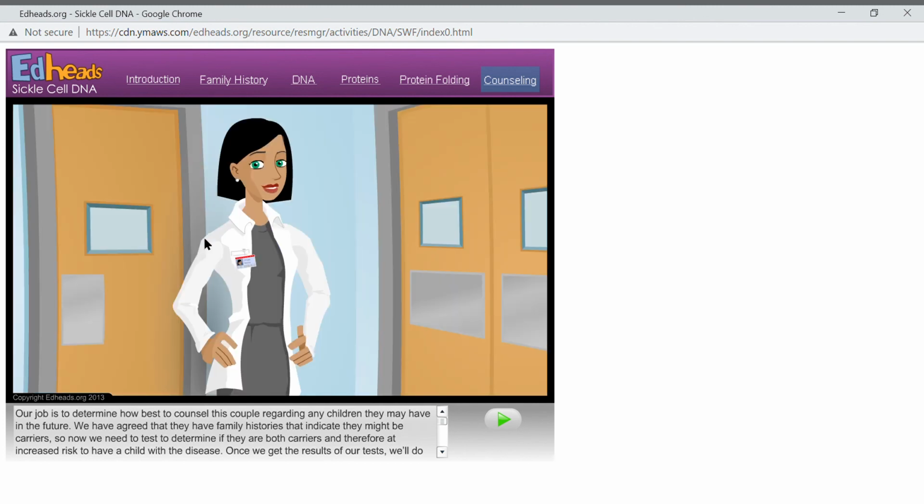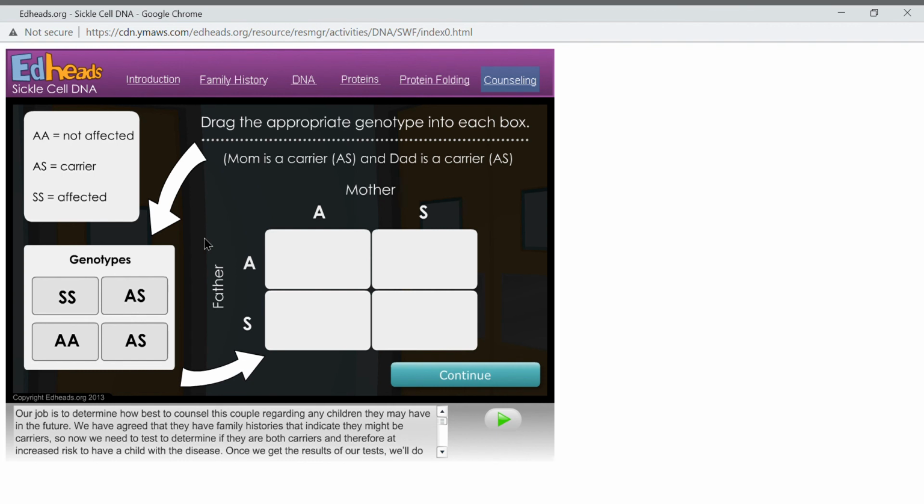Now we know this couple could potentially have a child with sickle cell anemia. Let's determine what the odds are for each child to have the disease, be a carrier, or inherit 2 functional copies of the gene. Drag the appropriate genotype into each box.